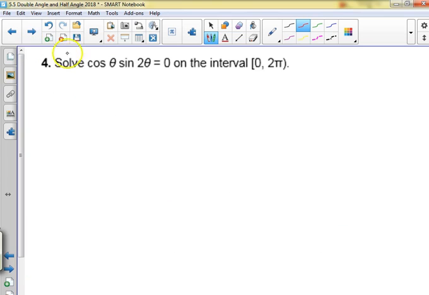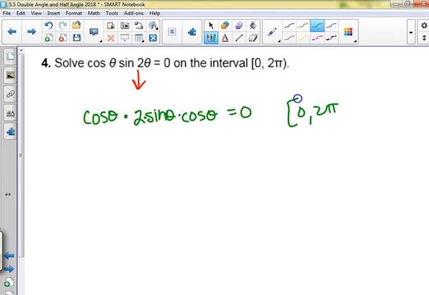Let's try this. What is our trade here? I think you have this one, guys. We have cosine theta times, what is this trade for? 2 times the sine of theta times the cosine of theta. And it's supposed to all equal 0 on the interval 0 to 2 pi.